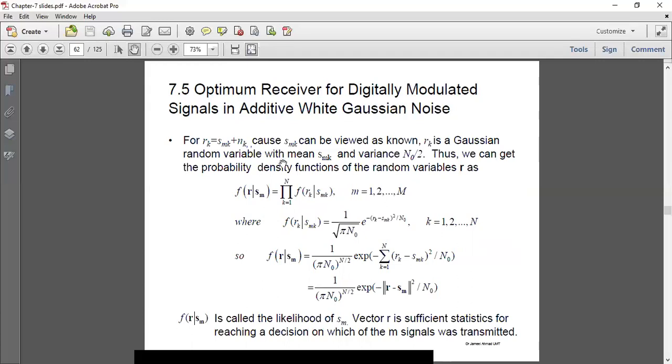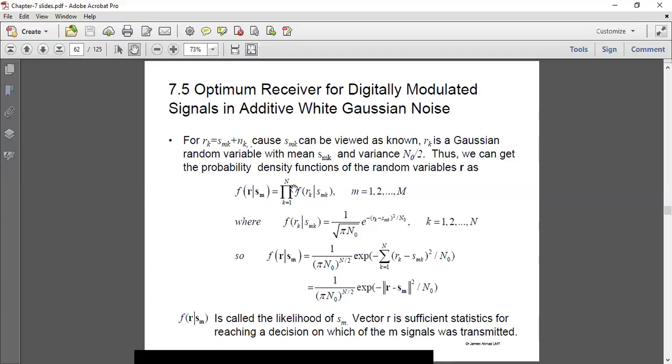Rk is a Gaussian random variable with mean Smk, and its variance is N0 by 2. Thus we can see the probability density function of the random variable R. Now we want to find this conditional probability density function, a function of r when Sm was transmitted. It is normally represented like this. Since we have k components, they are all multiplied.